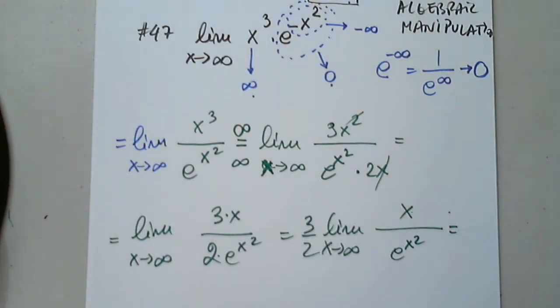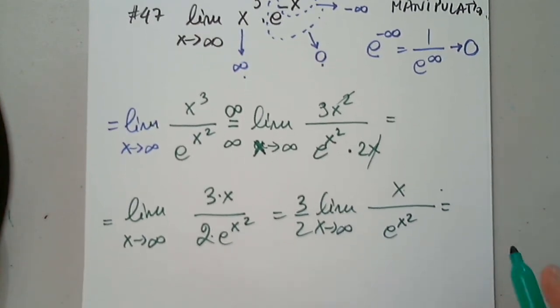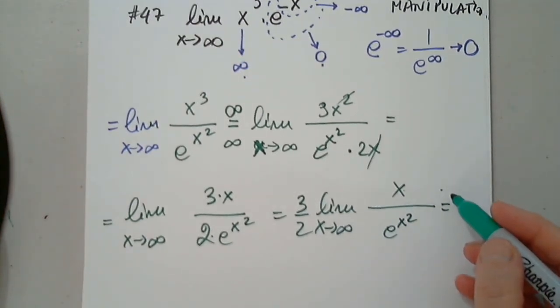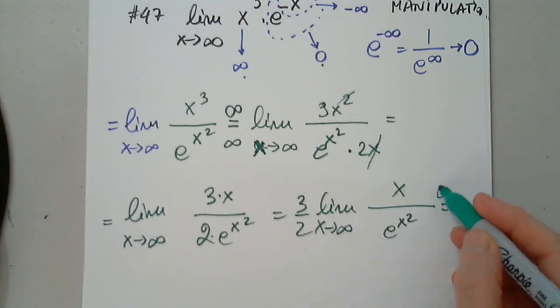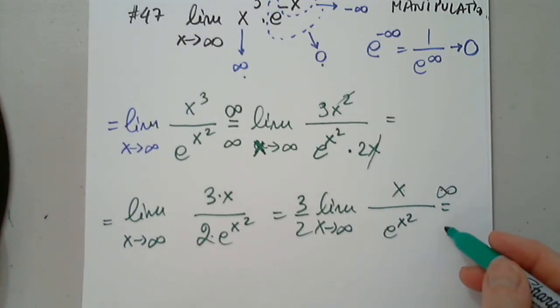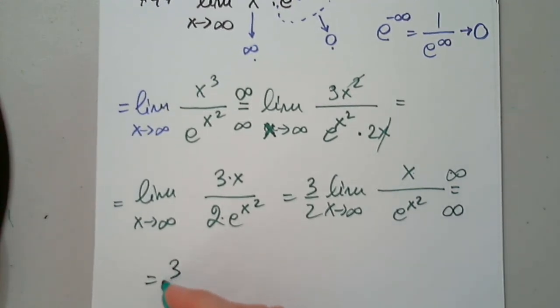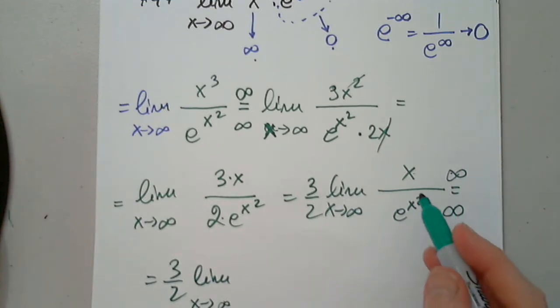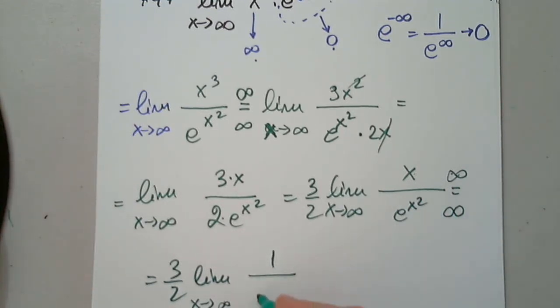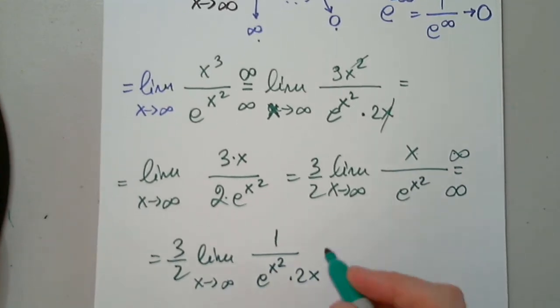Where is the numerator going? Infinity. Very good. Where is the denominator going? Infinity. Very good, awesome. So L'Hopital's rule again: 3/2, limit as x approaches infinity, the top you'll say 1, and then e to the x squared times 2x. Good.